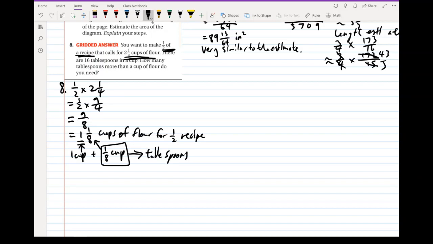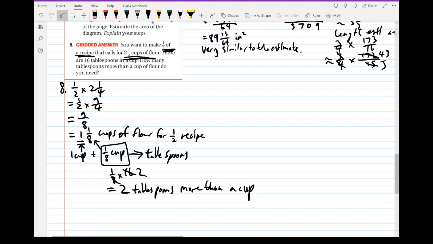There are 16 tablespoons in a cup, and so the amount of tablespoons we need will be 1/8 of a cup times 16, and that just turns into 2 tablespoons. So that's equal to 2 tablespoons extra, more than a cup. So that is question 8.